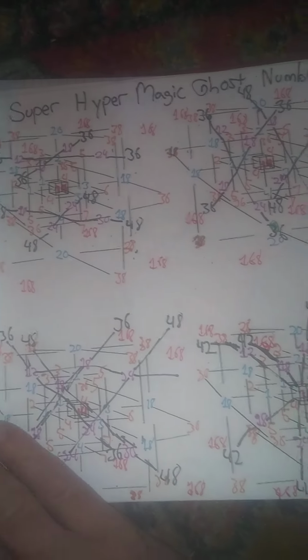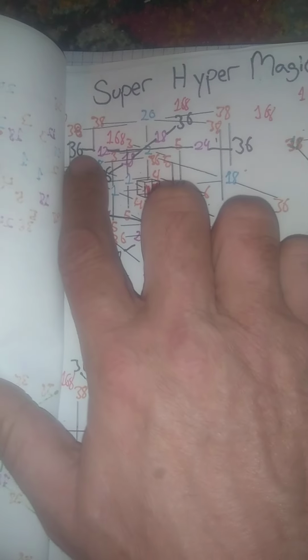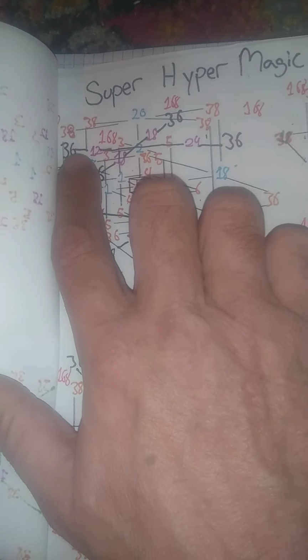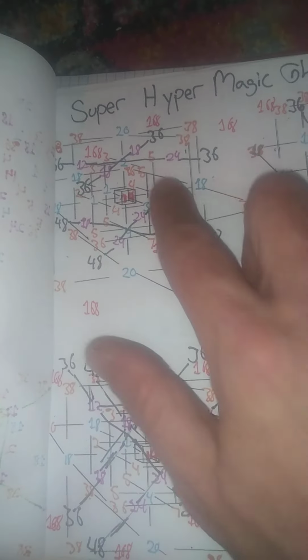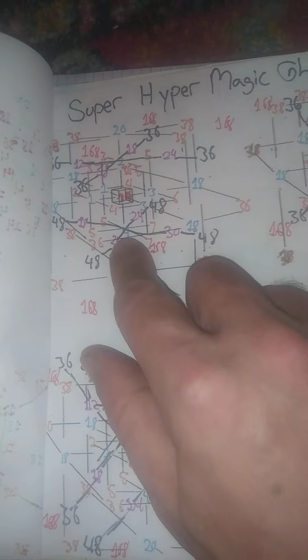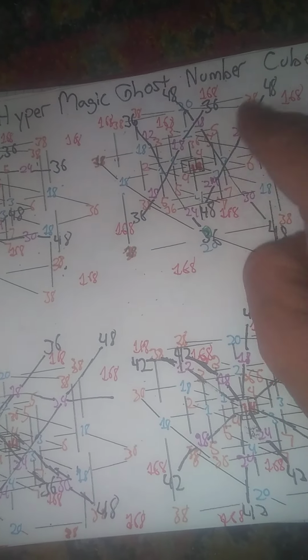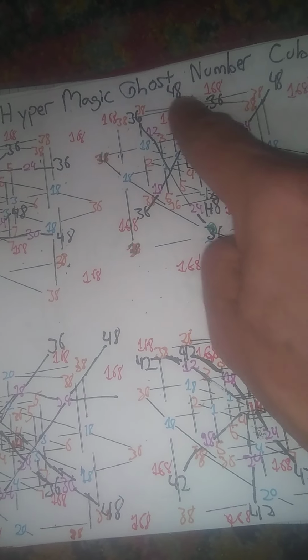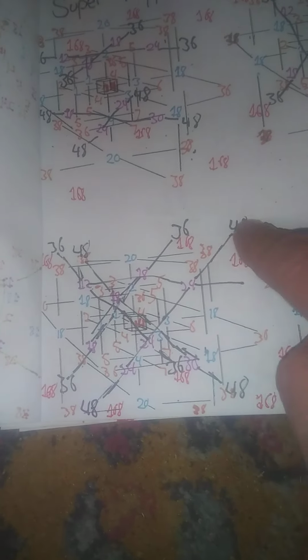For a super hyper magic ghost number cube, all you do is add up all the vectors, all the numbers and the vectors of the crosswise, top to bottom x's of these parallel squares, the side to side x's of these vector numbers, parallel sides, side to side, front to back, these numbers.